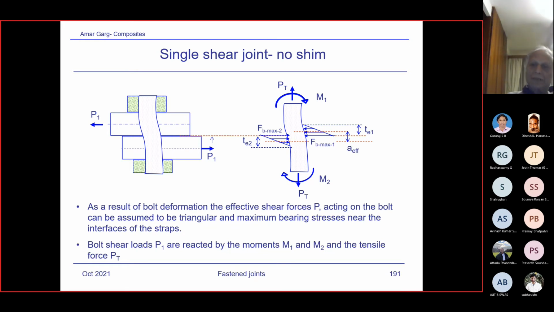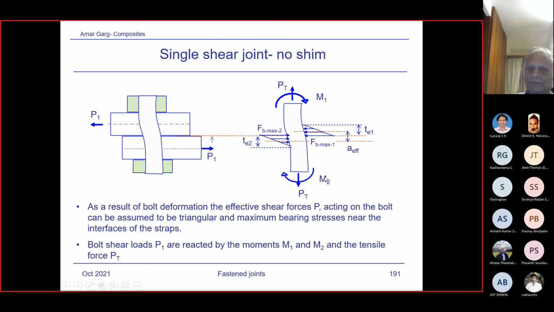So the equations are developed based on this approximation. As a result of the bolt deformation, the effective shear force acting on the bolt can be assumed to be triangular, with maximum bearing stress near the interface of the strap. Okay, the maximum. Bolt shear loads P1 are reacted by the moments M1 and M2.